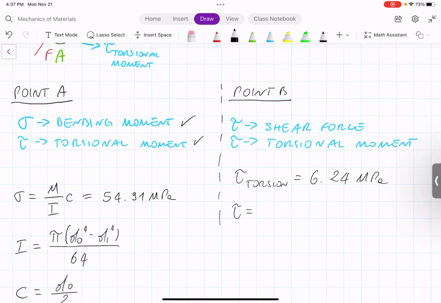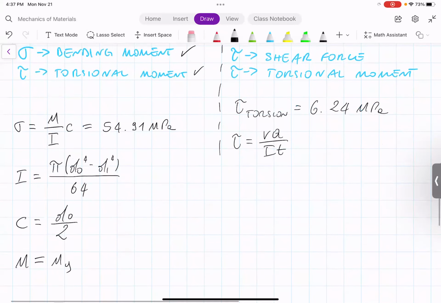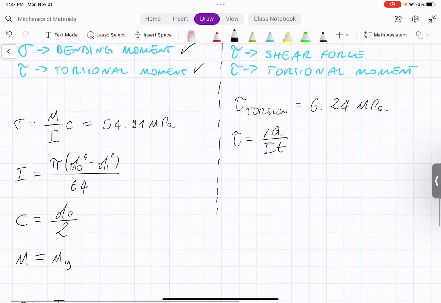Regarding the shear stress due to the shear force, we have to use the shear formula. So we have VQ over It. Let's look at all these terms.